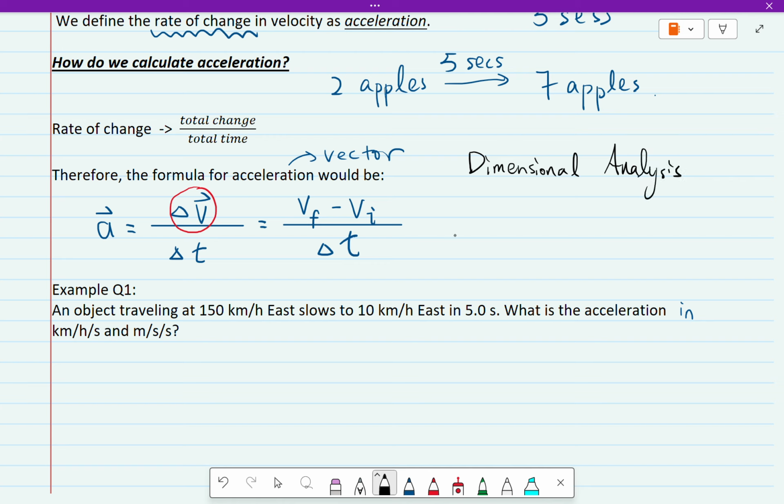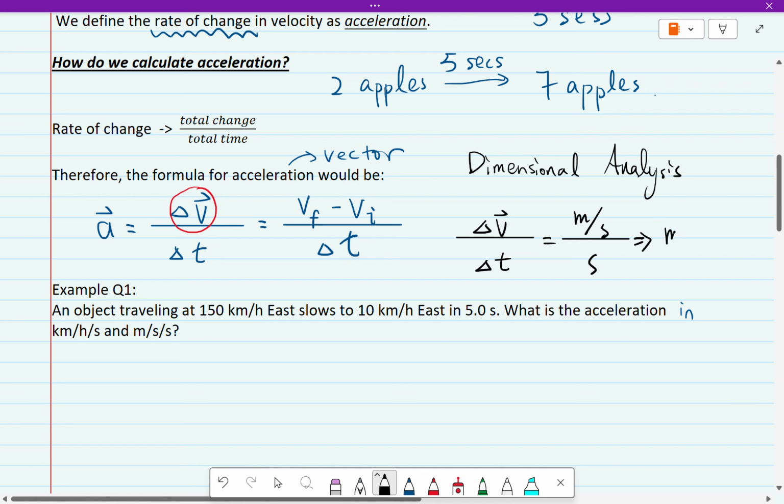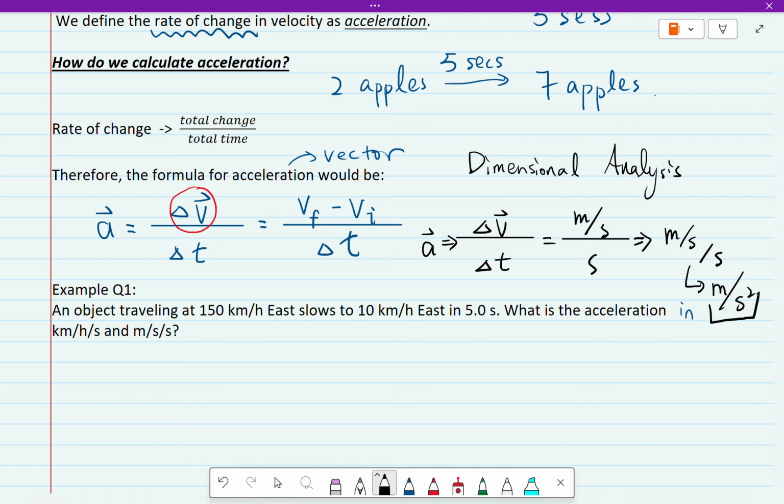Since acceleration is equal to delta v over delta t, that is meter per second used for velocity and second used for time, which would give us meter per second over second as the unit for acceleration. And we can see that this is meter per second squared. So this is a commonly accepted unit for acceleration.